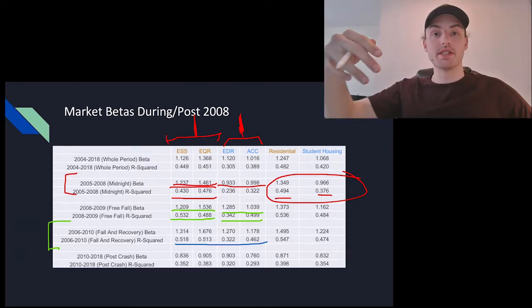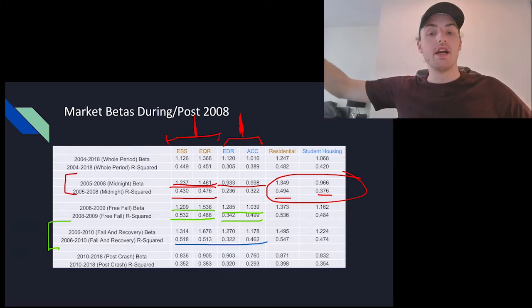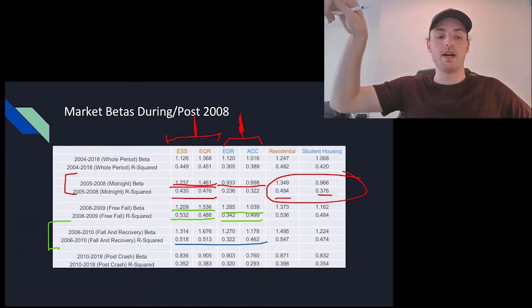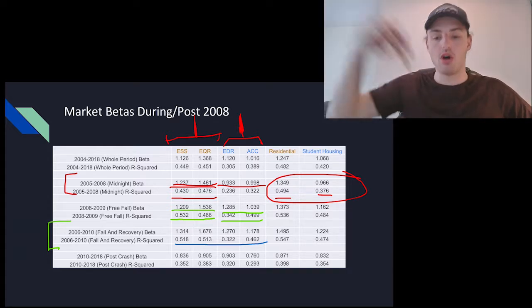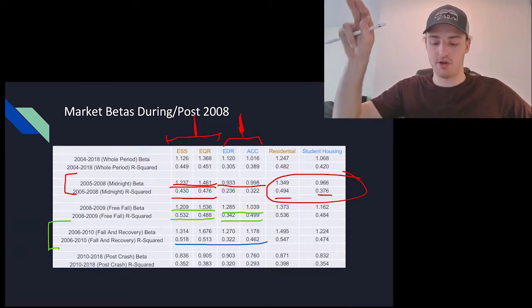It's not like real estate sank, collapsed, and then flatlined. The U-shape, trough and recovery also had real estate itself come back up.